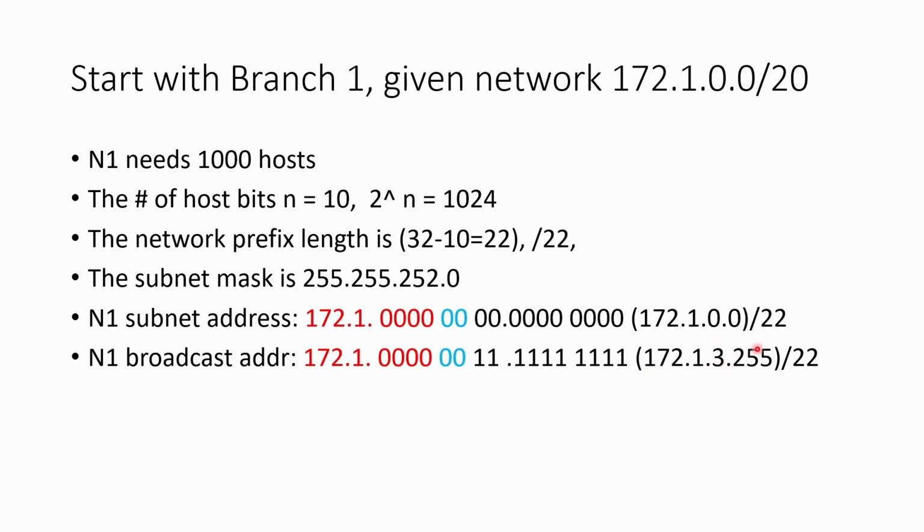Any other IP in between the network address and the broadcast address are usable, like 172.1.0.1, the first usable. 172.1.3.254, that is the last usable address for N1. We finished the first subnet.